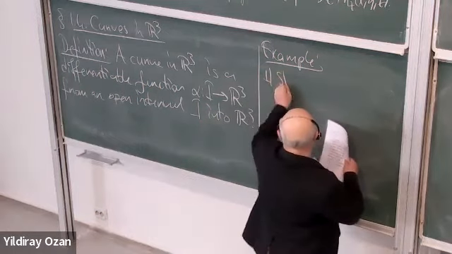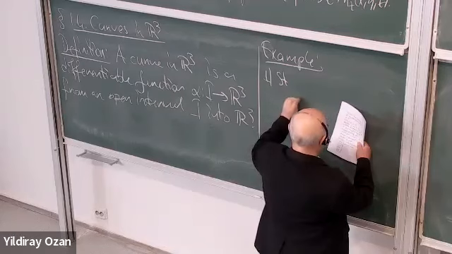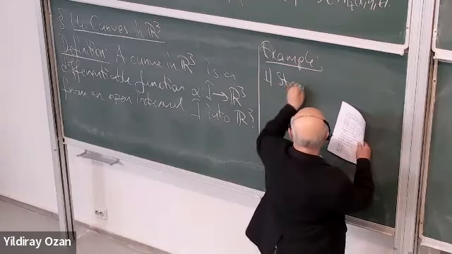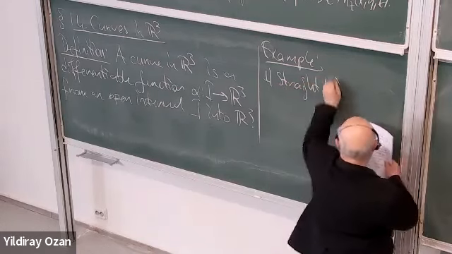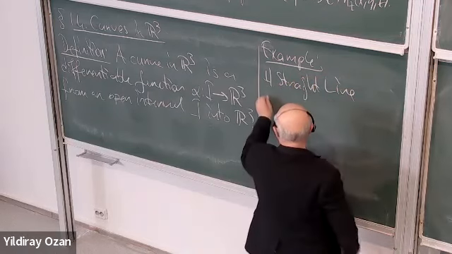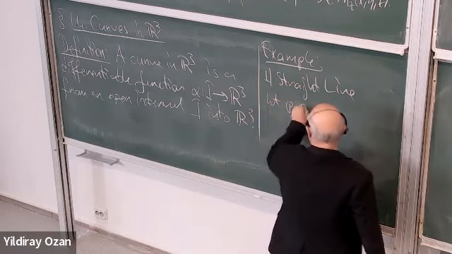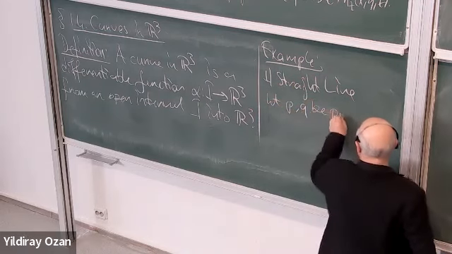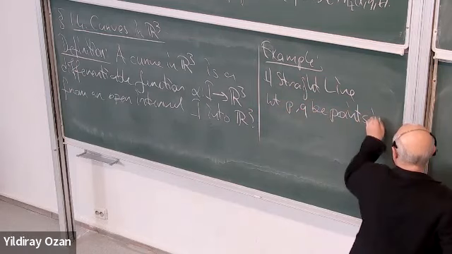First one is a straight line. Okay, now let P and Q be points in R3.